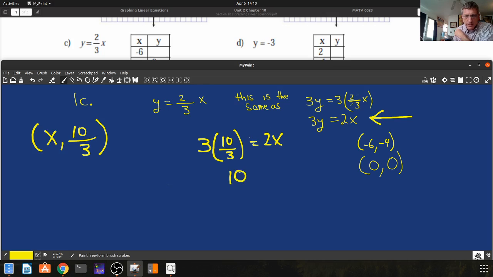So that becomes 10. And this is equal to 2x. So I can divide both sides by 2. And 10 divided by 2 is 5. 2 divided by 2 is 1, and 1 times x is x. So in this case, x is equal to 5.